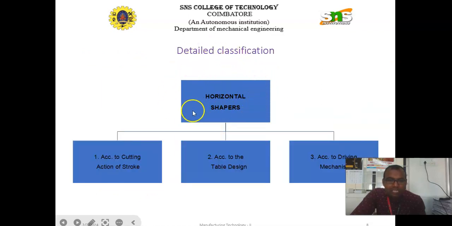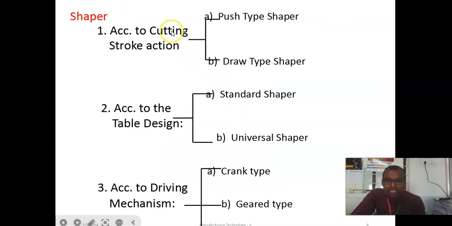But in detail, we are going to discuss the horizontal shaper. It is differentiated according to the cutting stroke action, the table design, and the type of driving mechanism used in the shaper. First, according to cutting stroke action, there are two types: push type shaper and draw type shaper.